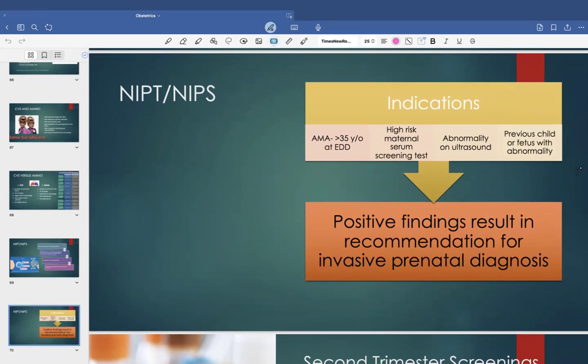Any of those things would be reasons to move forward with more of the invasive diagnostic testing. So age 35 or older, if their NIPS testing was positive, they have an abnormality on ultrasound, or they have a previous child or a fetus with an abnormality, then invasive prenatal diagnostic testing like CVS or amniocentesis is indicated.